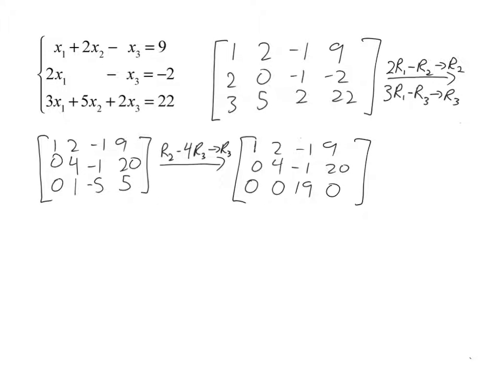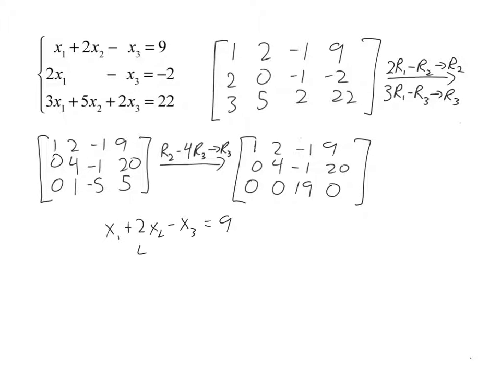And now I have a triangular matrix, so if I turn it back into a system of equations, this isn't x, y, z, it's x1, x2, x3, just make sure you do that. So I have x1 plus 2x2 minus x3 equals 9.